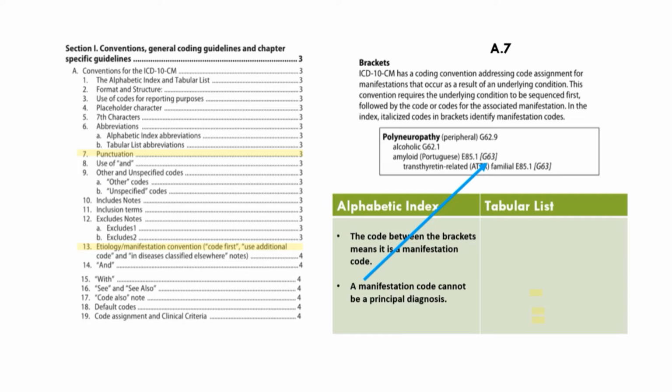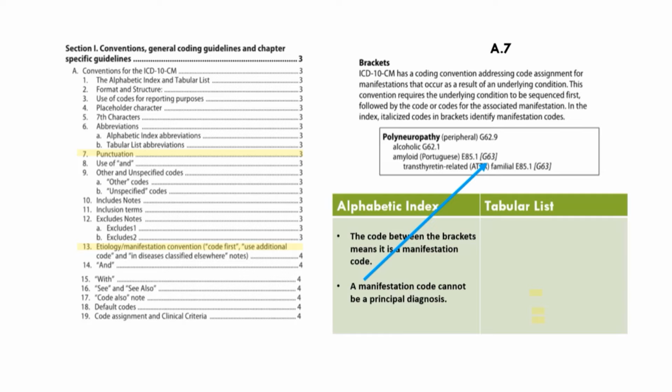This convention requires the underlying condition to be sequenced first. So that means that whatever happened as a result of a prior condition needs to be the secondary. So the manifestation is what occurs as a result of an underlying condition, and the underlying condition is the one that needs to be sequenced first.